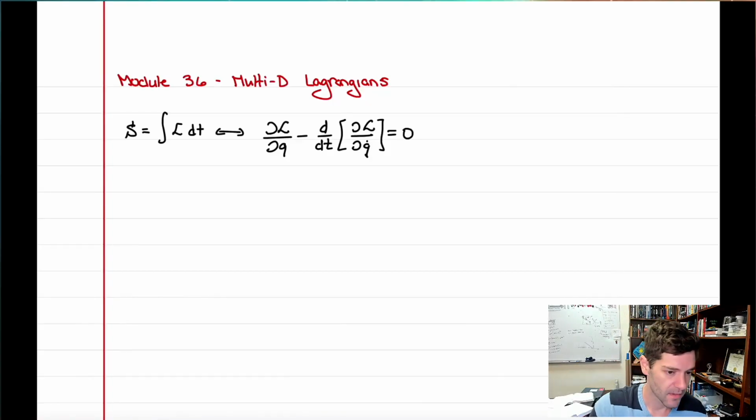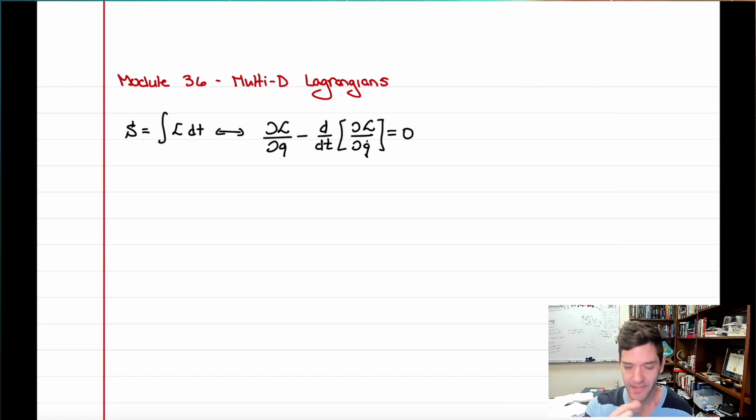All right, so last time we explored one-dimensional Lagrangians, where you had a configuration space that was only a single dimension. Again, the basis behind Hamilton's principle is that nature takes the path that optimizes the integral of the Lagrangian over time.